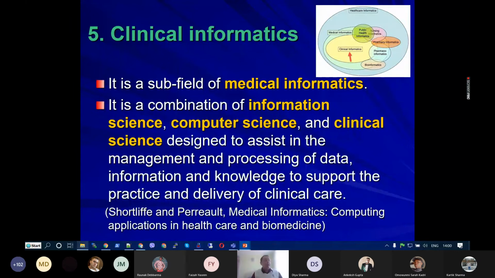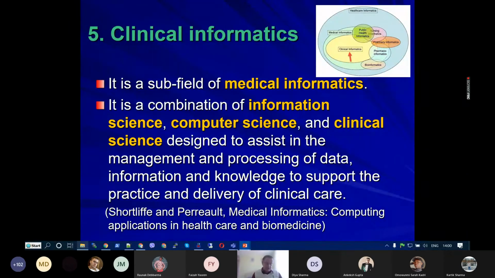Now, very quickly, I will try to pass through a few definitions of subfields of medical informatics. So now, of medical and health informatics. So now turn to clinical informatics.